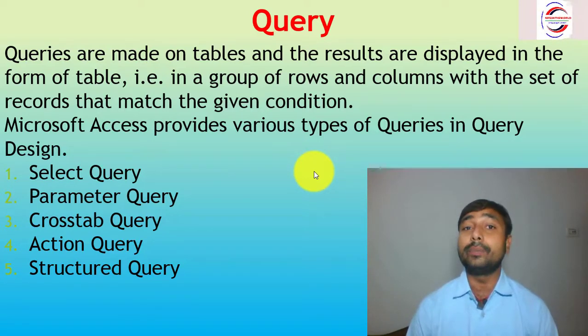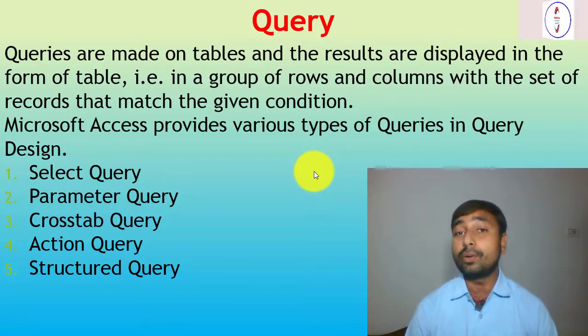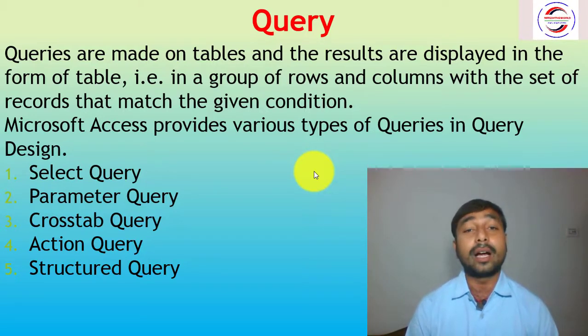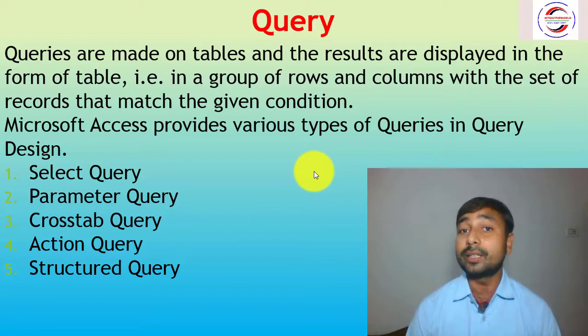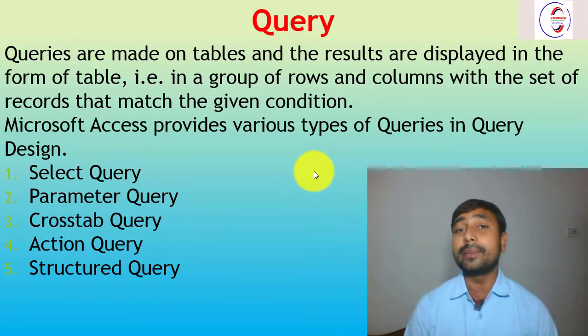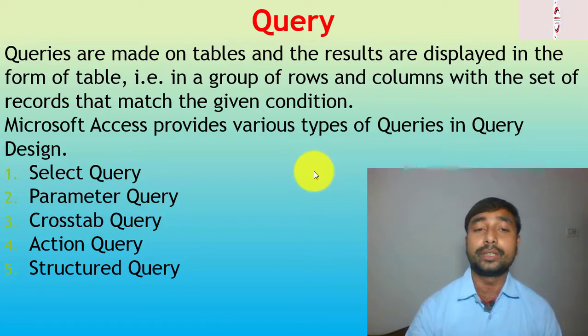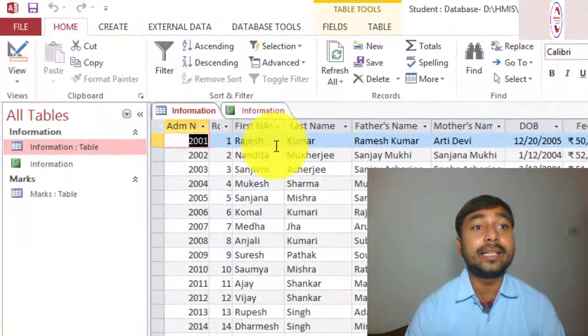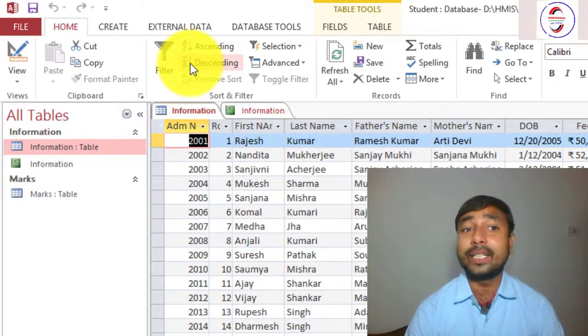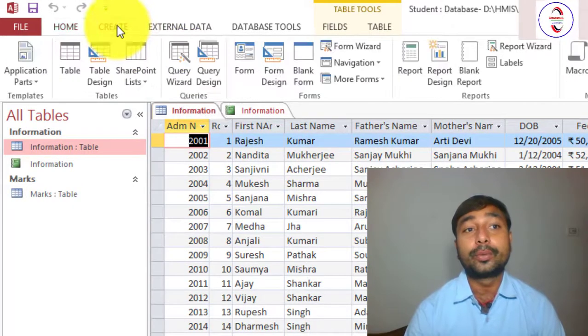Today I am going to deal with the basic query, how to create a basic query, because without the relationship of a table we cannot make a proper query. But whatever queries there are, right now I am going to show you how to make a query. After that, I am also going to deal with the relationship between two tables. So see the video. For creating a basic query, what do I have to click on? Create.